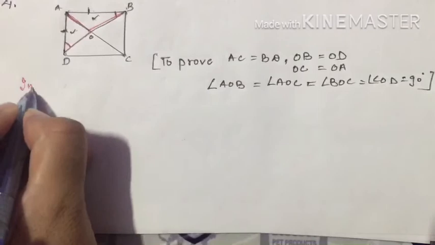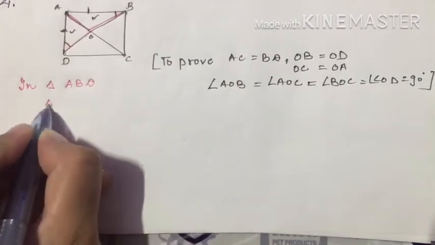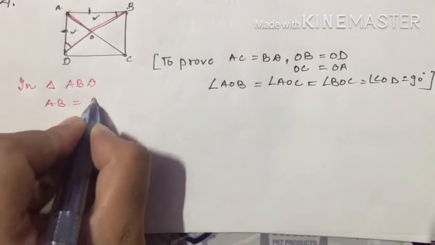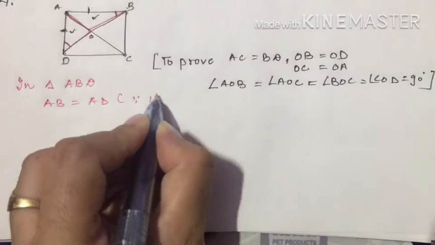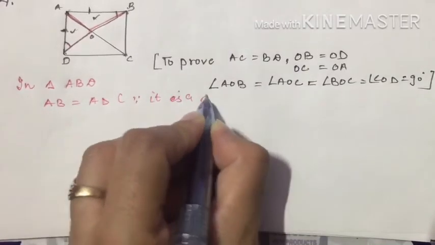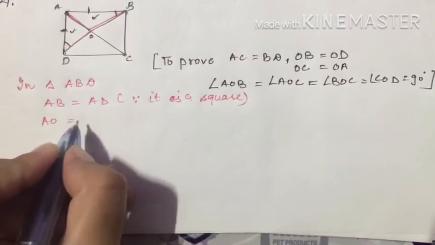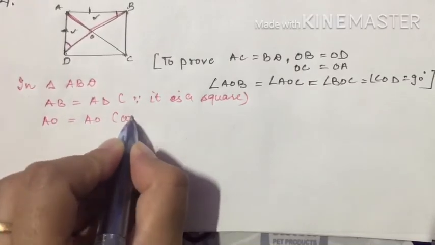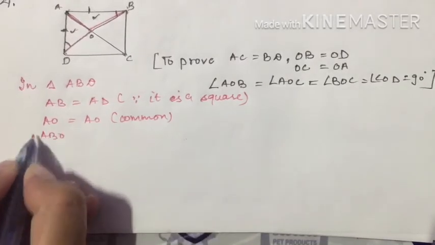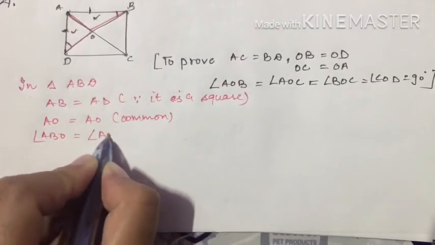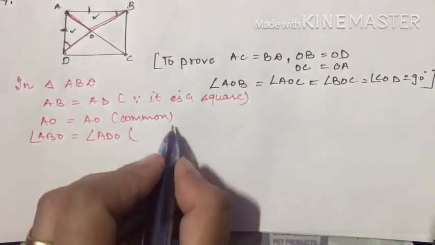So in triangle ABD, AB is equal to AD, because it is a square. Then AO is equal to AO, common, and angle ABO is equal to angle ADO, that is, opposite angles of an isosceles triangle are equal.